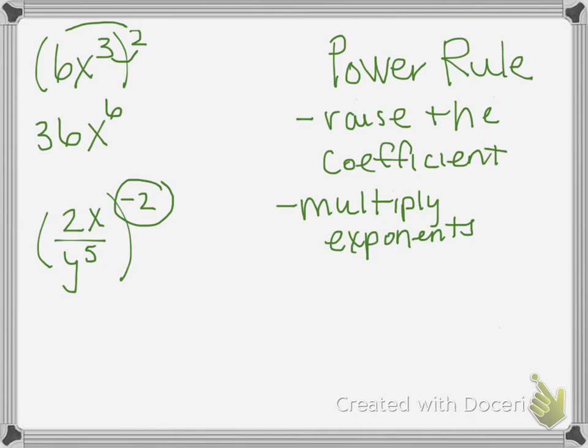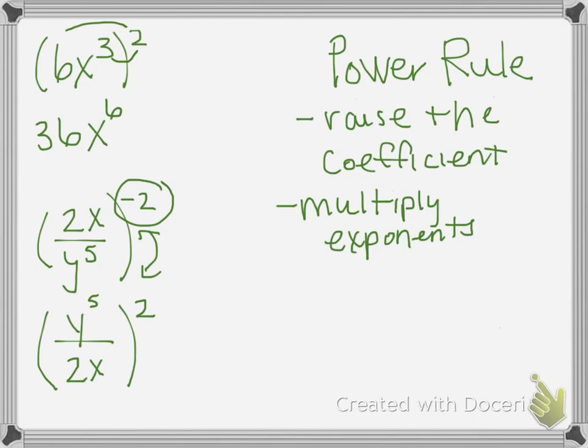To make it positive, we are going to reverse the positions of everything inside the parentheses. So everything on top switches position with everything on the bottom. We end up with y to the 5th over 2x raised to the positive 2.